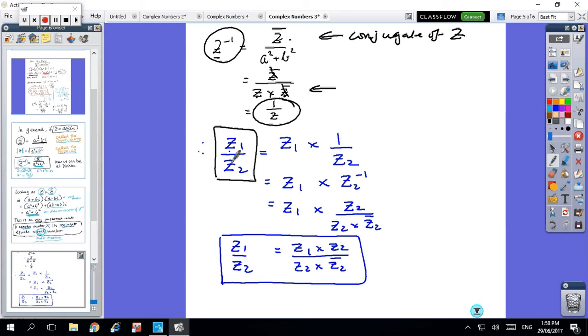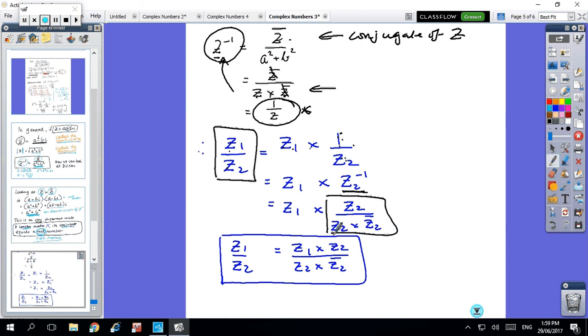So if I've got z1 over z2, that's the same as z1 times 1 over z2. Okay, now just here, I said if you've got 1 over something, that's the inverse. So 1 over z2 is the inverse of z2. And on the previous slide, I said that the inverse also equals the conjugate of z2 over z2 times z2 conjugate.